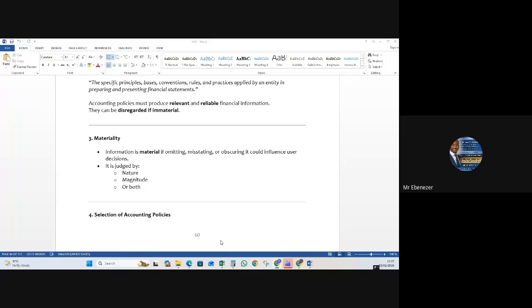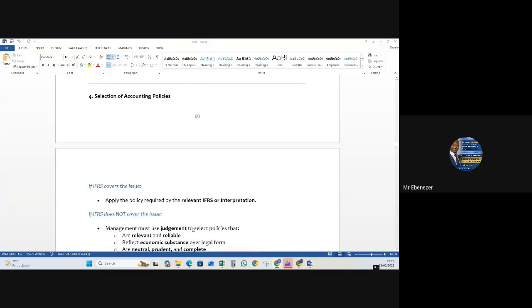No matter the size, you have to report it. Now, the magnitude of the transaction is also important. And we judge it by the combination of both the nature and the magnitude of the transaction.